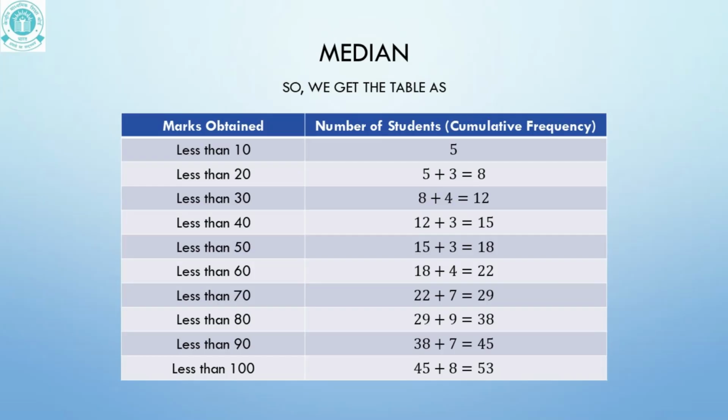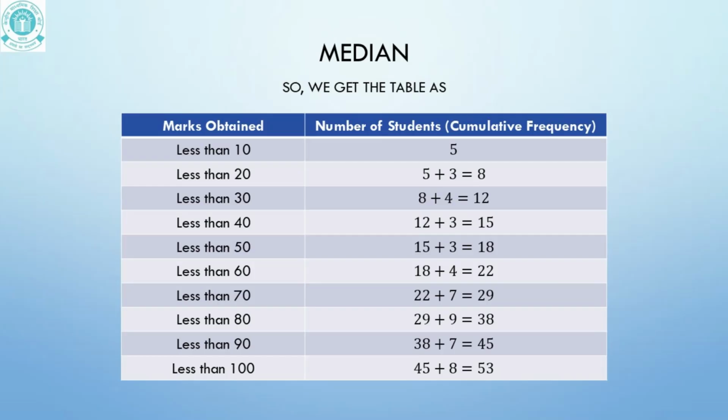We can similarly make the table for the number of students with scores more than or equal to 0, more than or equal to 10, more than or equal to 20, and so on. Then the distribution will be called the cumulative frequency distribution of the more than type. But here, for finding the median, we are considering the cumulative frequency distribution of the less than type only.